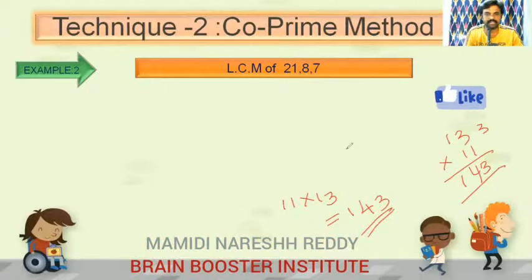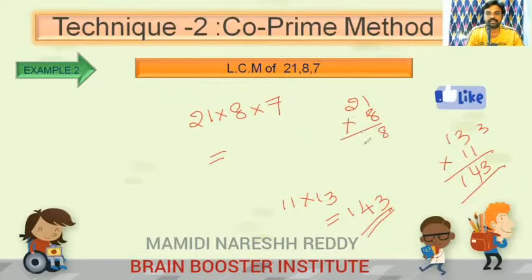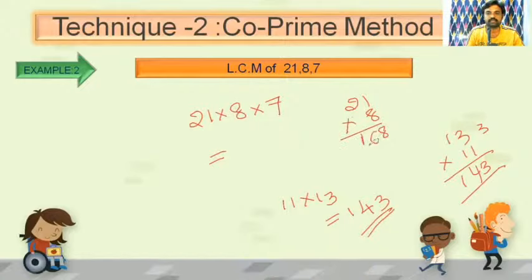So their LCM is, just multiply them: 21 into 8 into 7. Just multiply them. So 21 eights are, 8 ones are 8, 8 twos are 16.